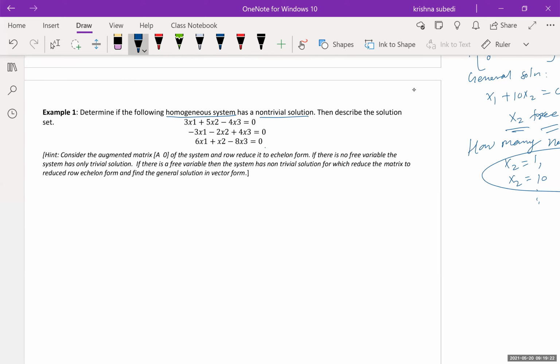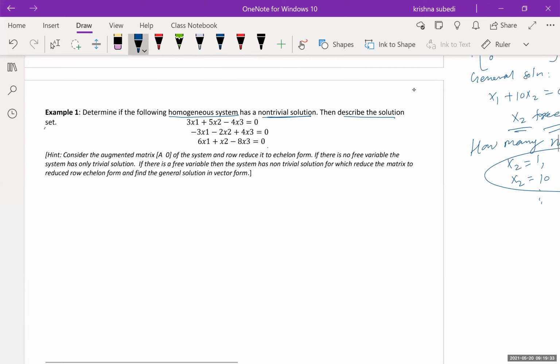Every homogeneous system has the trivial solution. Now, does it have a non-trivial solution? If it does, then describe the solution set. Okay, let's try that. For this, all you need to do is consider the augmented matrix.